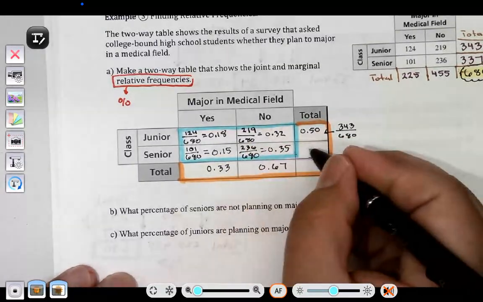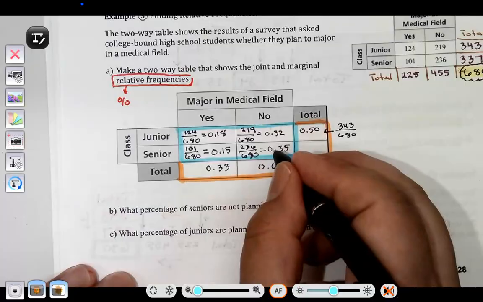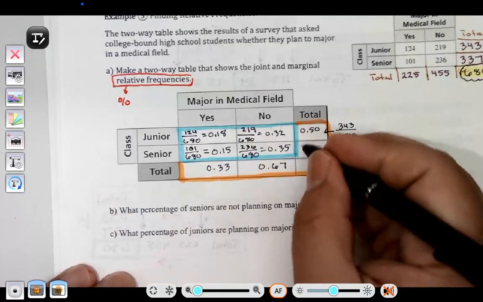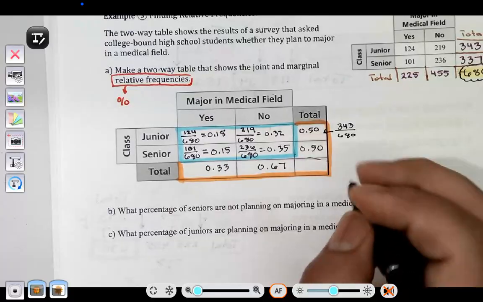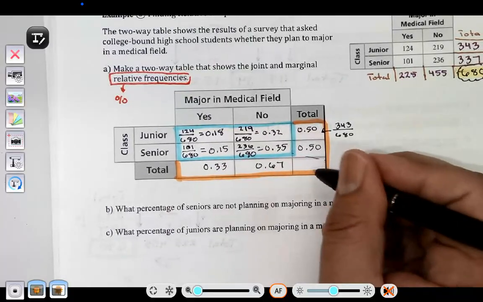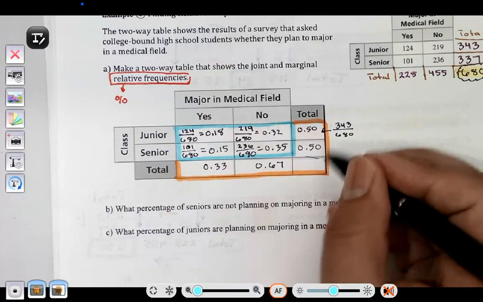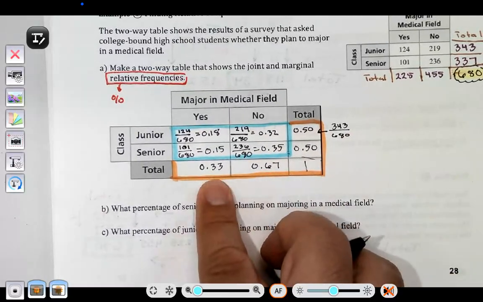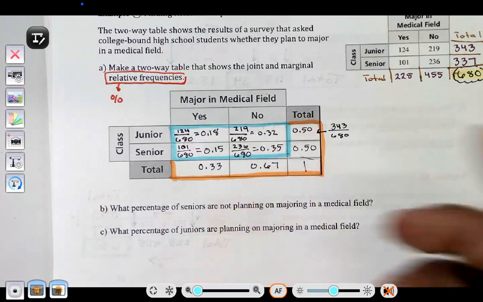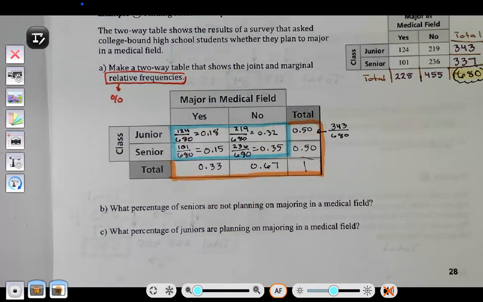If I add straight across, right? 15 and 35, well, that's 0.50. All right, well, how do you always find this number? Yeah, so add. What's 0.50 plus 0.50? 1. What's 0.33 plus 0.67? 1. There it is. I have officially filled it out.